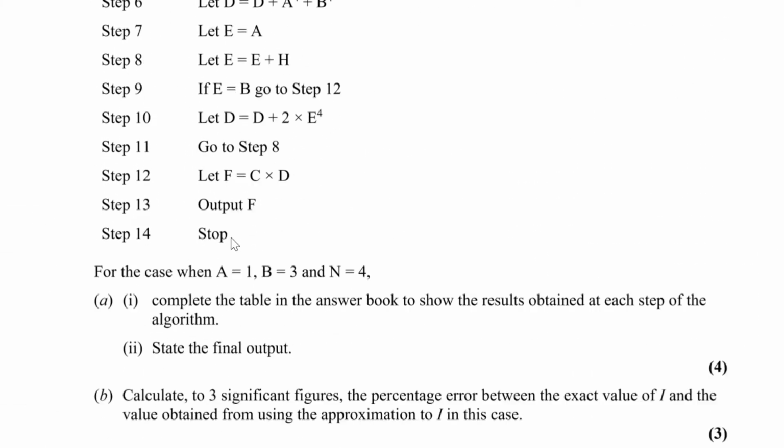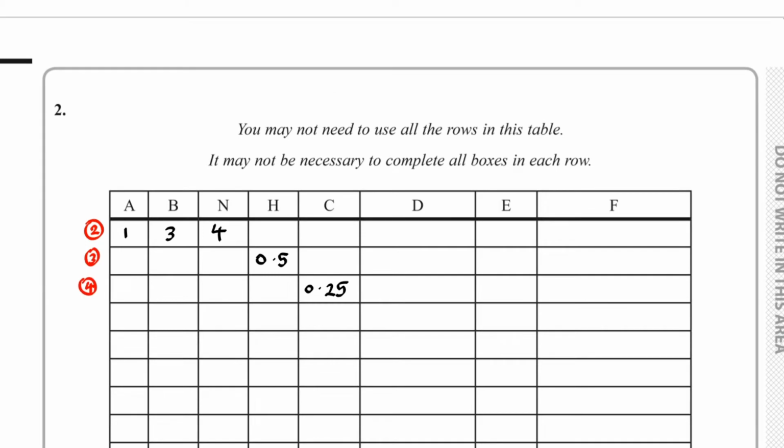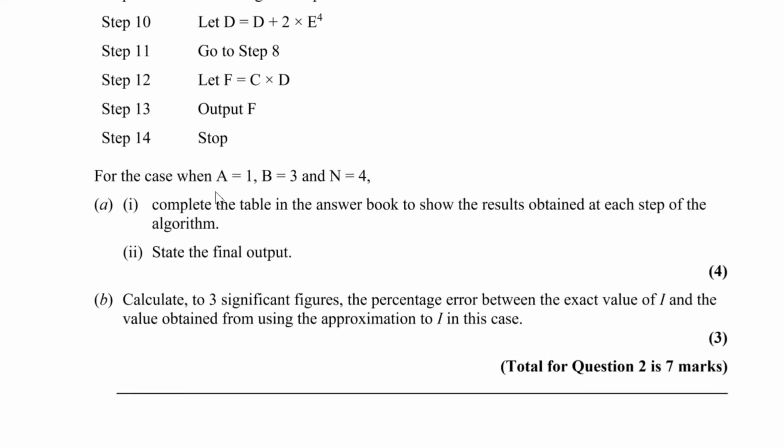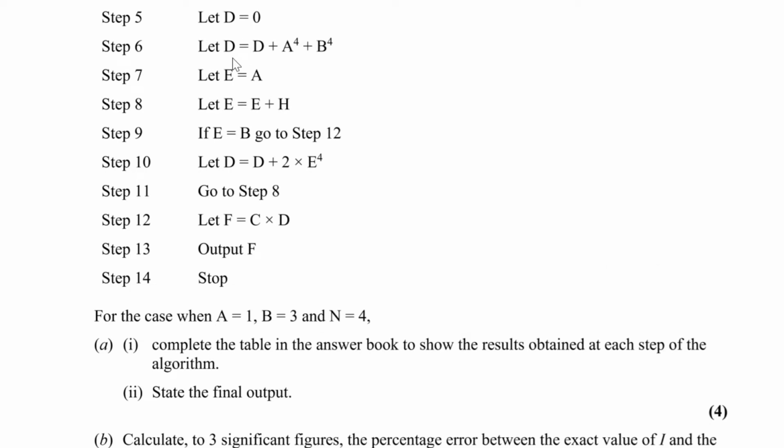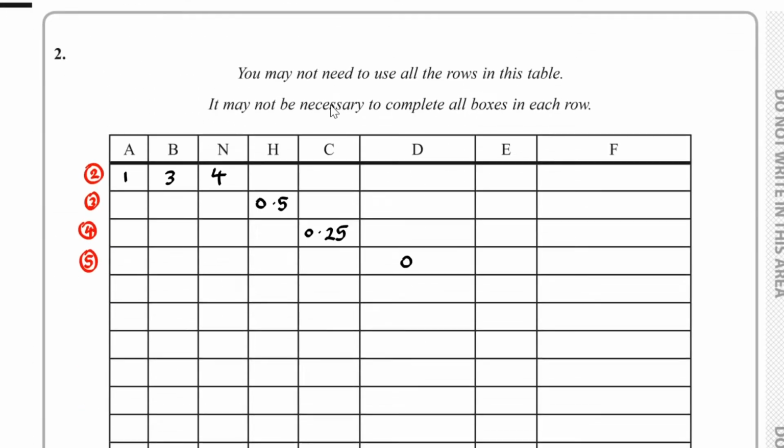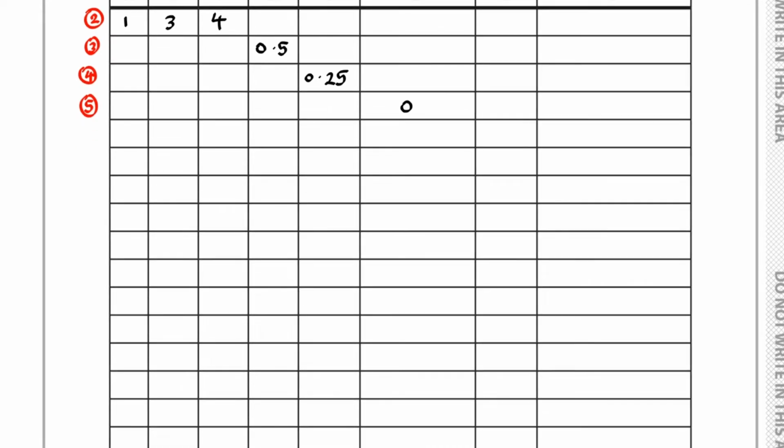Step 5, let d equal 0, so let's just add this in. Step 5, we have to let d equal 0. And step 6, we have to let d equal d plus a to the 4 plus b to the 4. So for step 6, we have to let d equal d plus a to the 4 plus b to the 4.